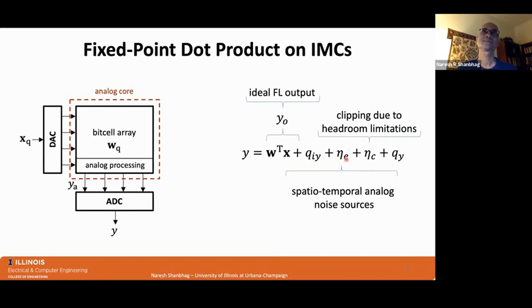One is the analog spatiotemporal variations that occur in an SRAM array, which create variations in the discharge currents and therefore variations in the bit line voltages. And then clipping: all of these bit lines have a limited supply voltage, so they can clip. Those are the two new terms that appear, and now we have to accommodate those.